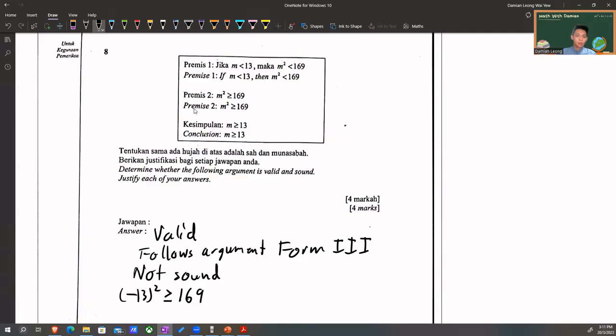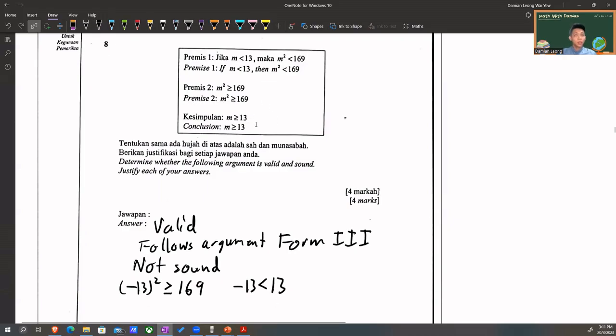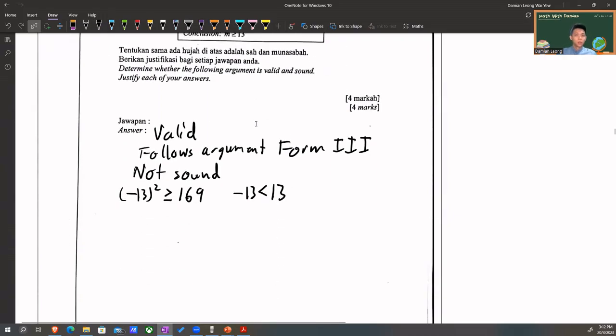But -13 is less than 13. So when m is negative 13, the conclusion is false.